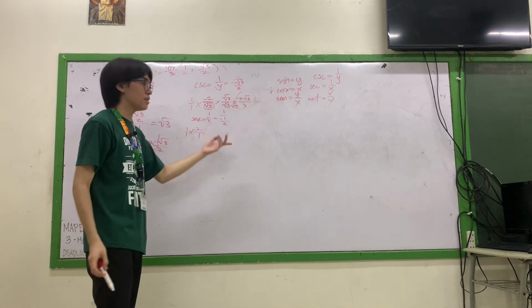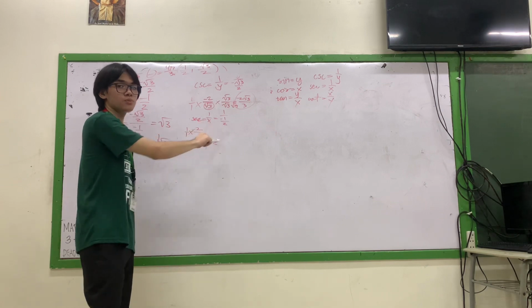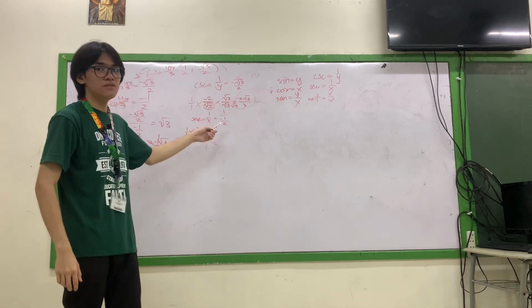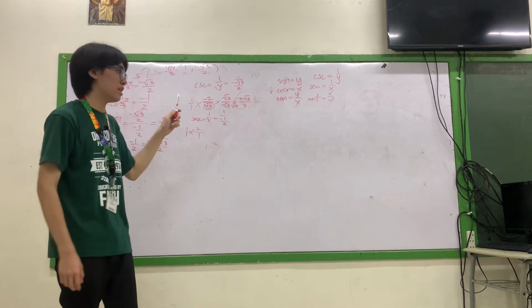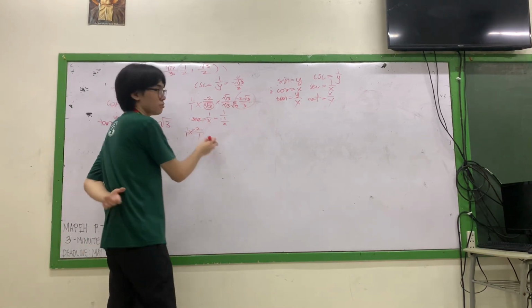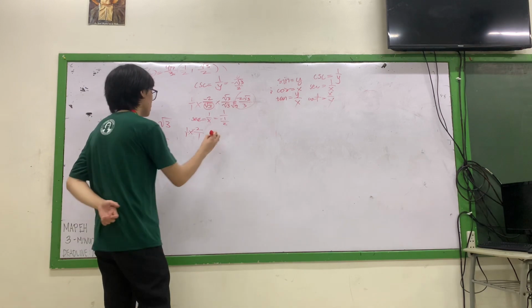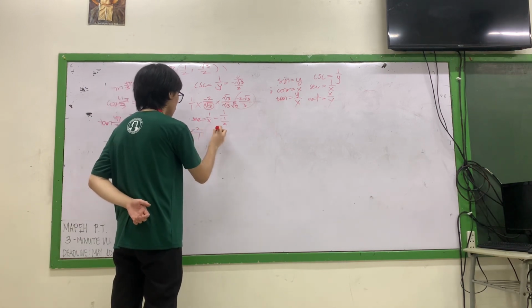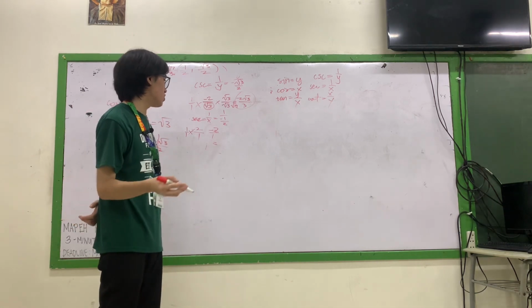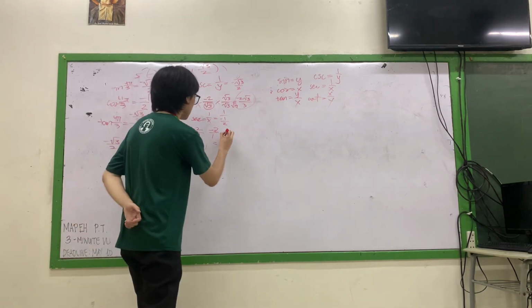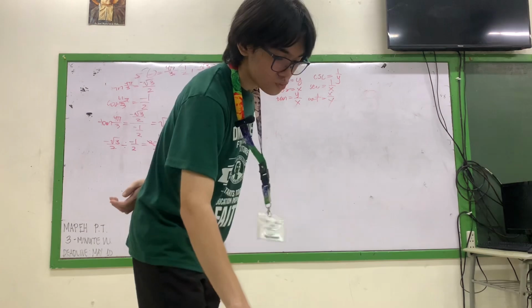If you have a numerator that's a negative and you find the reciprocal, the numerator must retain the negative. Since this is multiplied by 1, we can write this as negative 2 over 1. And since the denominator is 1, we can rewrite this as negative 2.